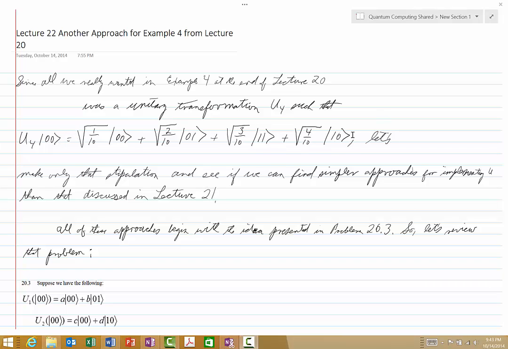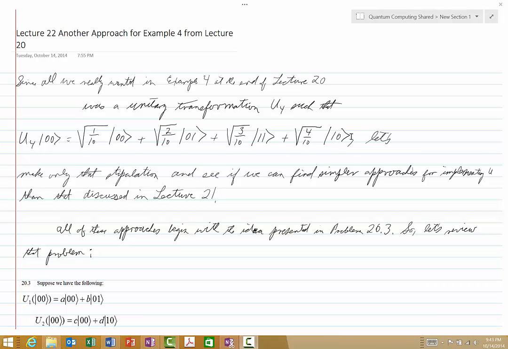And really that was all that we required, that the transformation act on the 0,0 ket in this way. We did not care how it acted on the 0,1 ket or the 1,0 ket or the 1,1 ket.